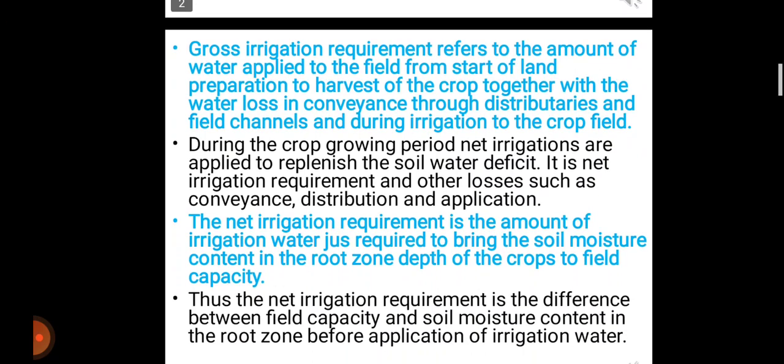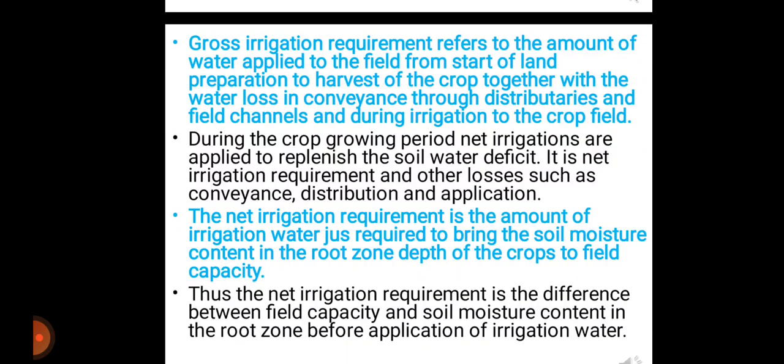The next one, the gross irrigation requirement. It refers to the amount of water applied to the field from start of land preparation to harvest of the crop, together with the water loss in conveyance through distribution and field channels, and also during application to the field crops.